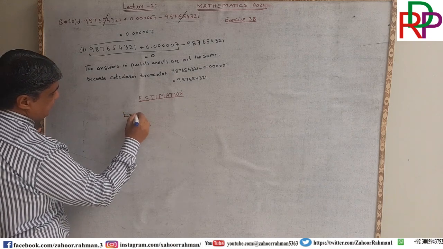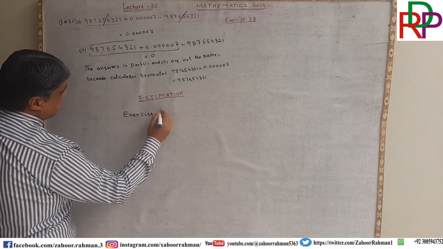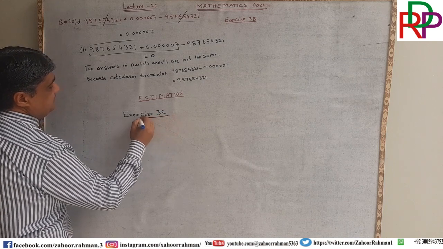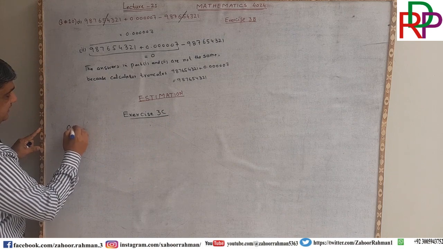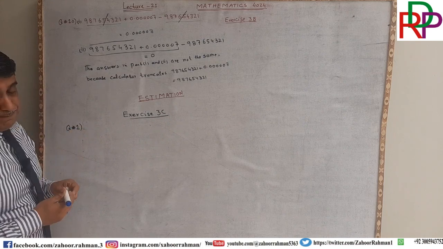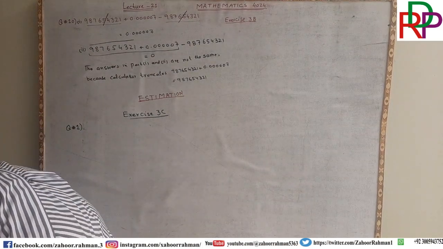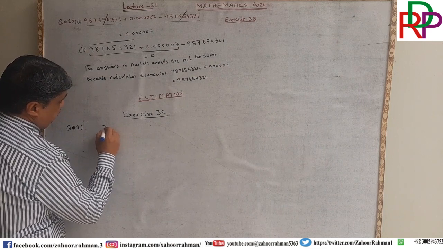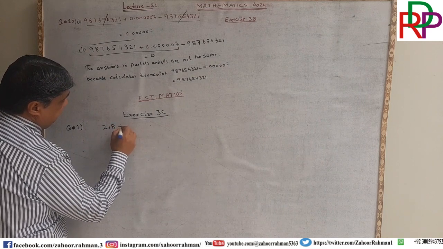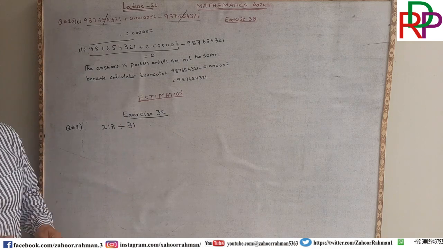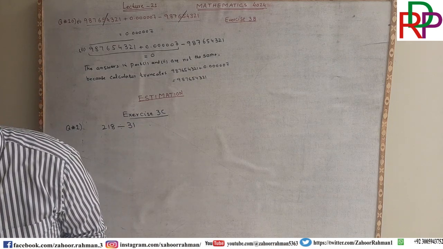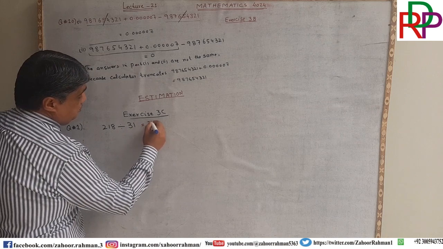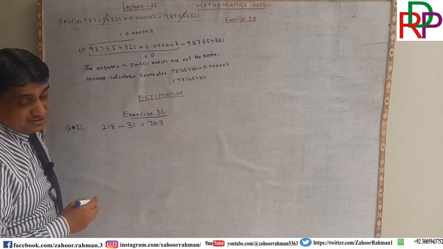Here I am directly starting exercise 3C, and the first question is saying that Priya evaluates 218 divided by 31 using a calculator, and she says that the answer is equal to 70.3.